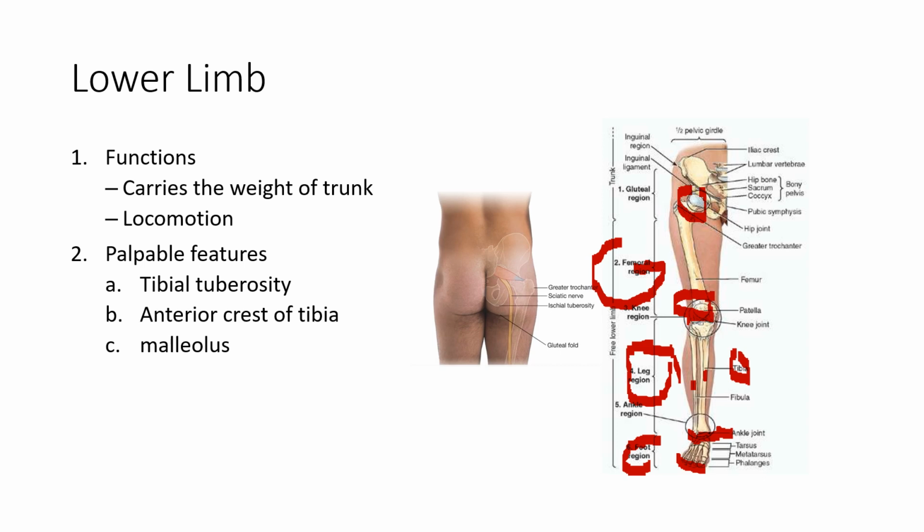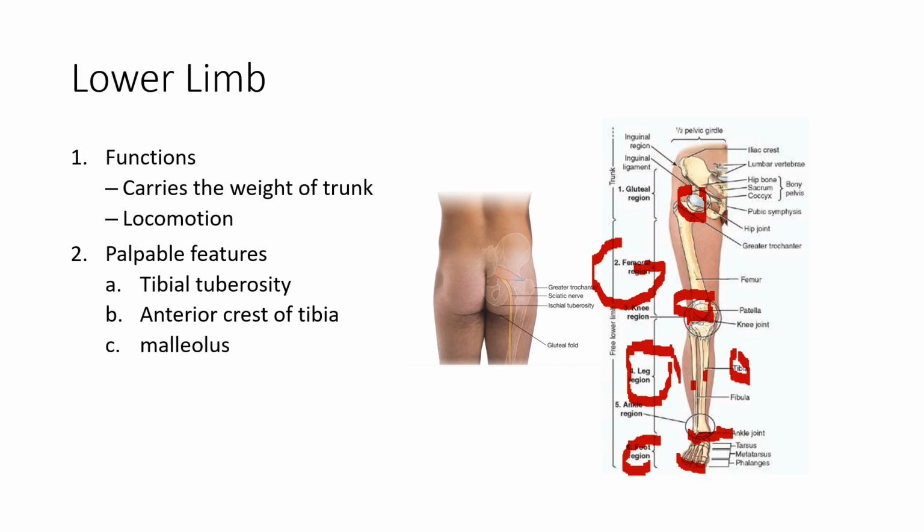So the question on the exam I would ask you is this: the tibia is blank to the fibula, and the answer would be medial, because the tibia is on the inside as opposed to the fibula. The next question: the tibia is blank to the femur. The answer should be the tibia is distal to the femur.